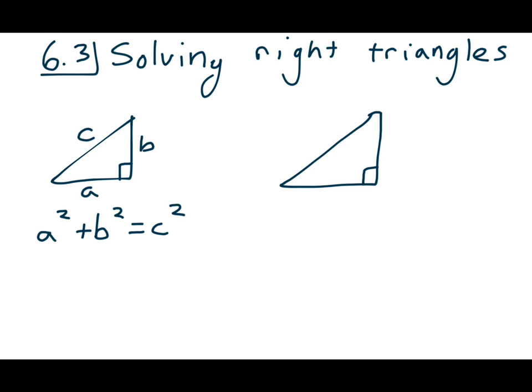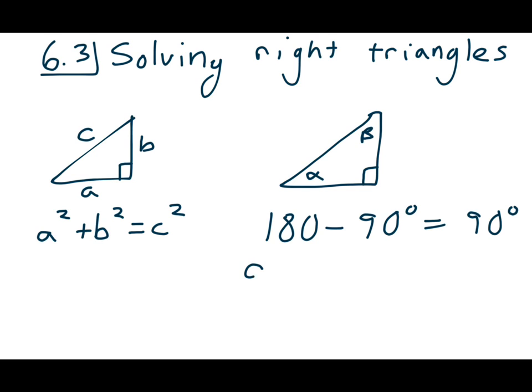We also know, if we know the interior angles of a triangle, let's call them alpha, beta, and the right angle is going to be right. We know that the sum of the interior angles of a right triangle is 180 degrees. So if I subtract off my right angle, I'll have 90 degrees left.